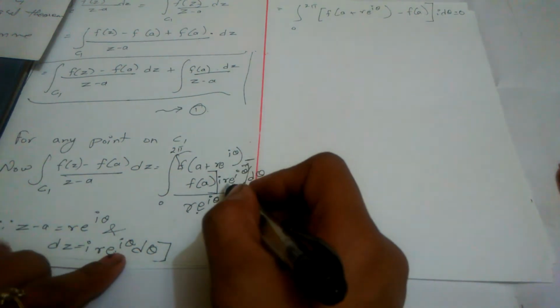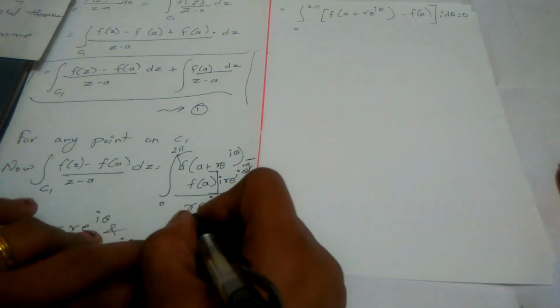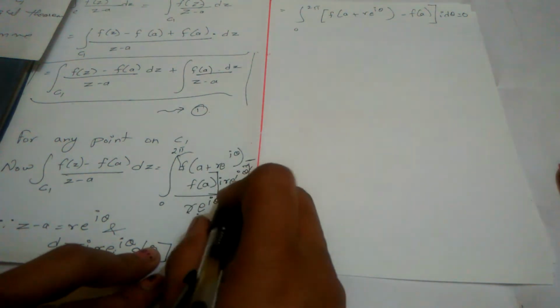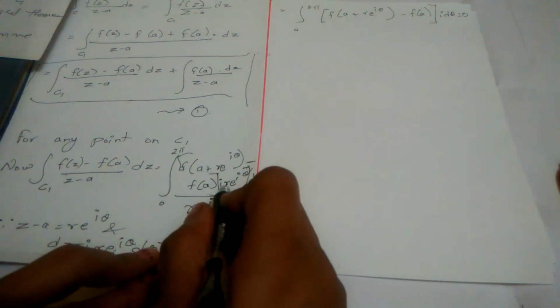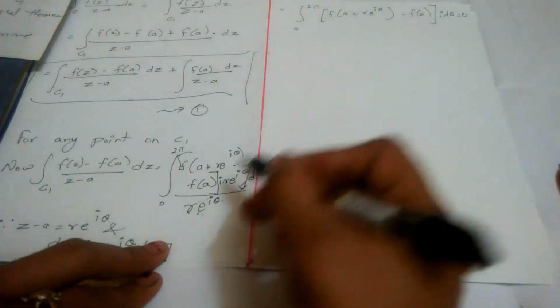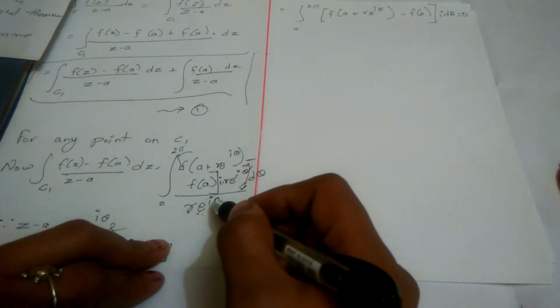In the denominator we have r e to the i theta and in the numerator also i r e to the i theta, so i remains and these terms get cancelled. So we are left with only the i and d theta terms.